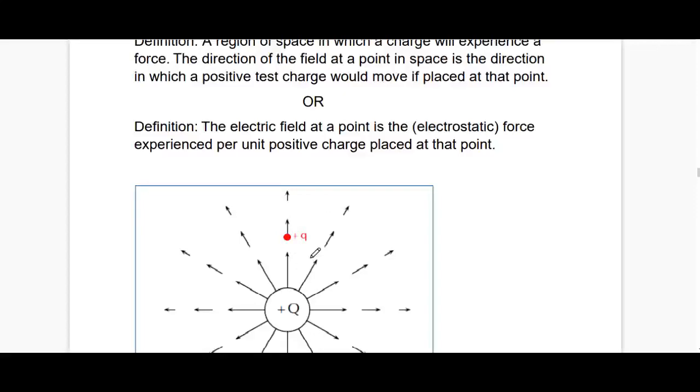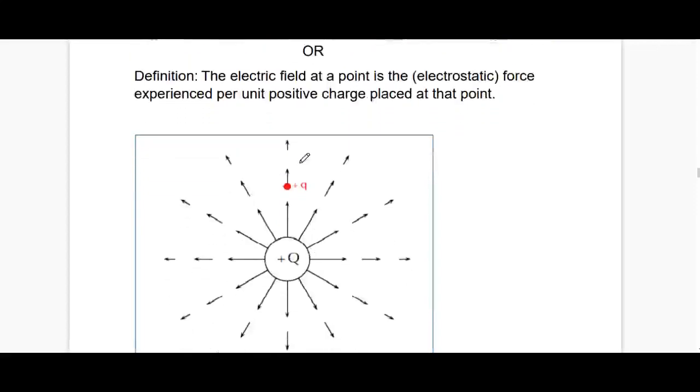Now we have a diagram of the definition here. So this is a test charge. The reason we are seeing field lines going out is because of this test charge. When it is placed in space around this charge, it is being repelled outwards, away from this charge.